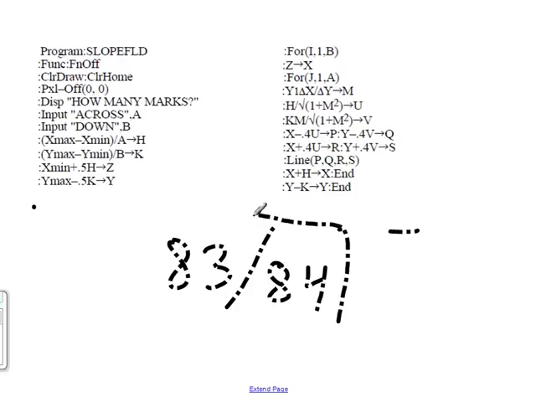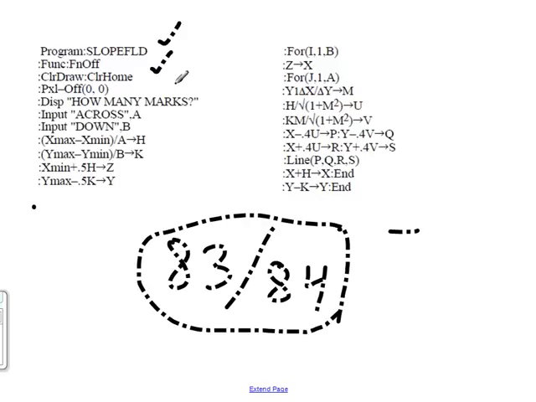The TI Nspire and I think the 89 have a slope field function already built into them, and you can, if you have an Nspire or an 89, just look online and see how to do that with your calculator. Otherwise, for an 83 and an 84, take the time to create this program, and if you need help, get some help with it. Create this program, because what this program will do is it will generate slope fields for you, so you don't have to draw all these tiny tangent lines.